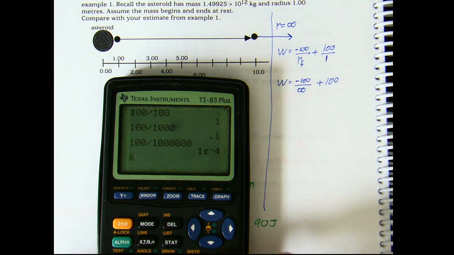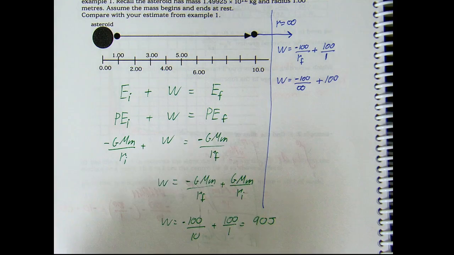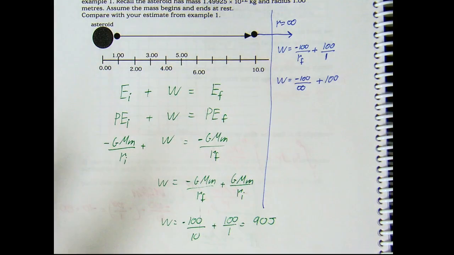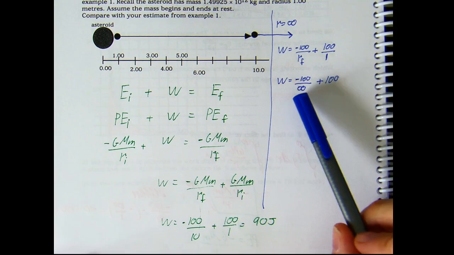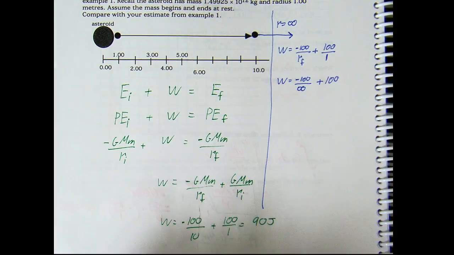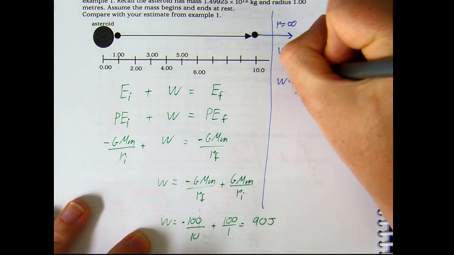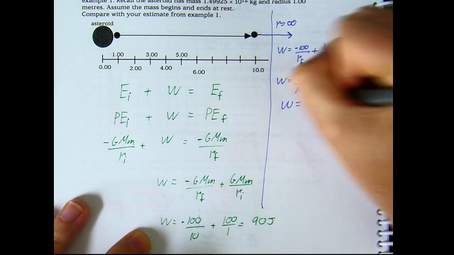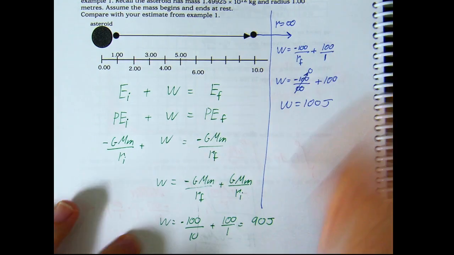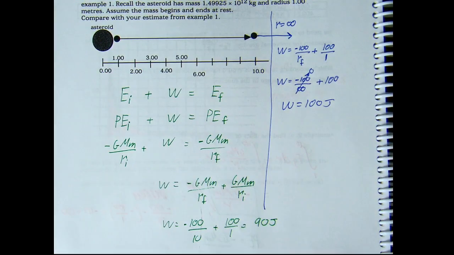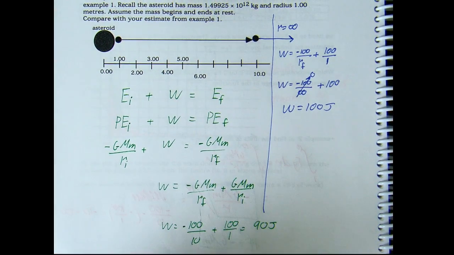As I keep dividing further and further, I'm going to get closer and closer to 0.0000000000000000001. It's going to go on forever. And so the argument we can make here is that as we go to infinity, this approaches 0, so that the work done to move this object to infinity is only 10 joules more than it took to move it to 10. Which is weird, but mathematically viable.